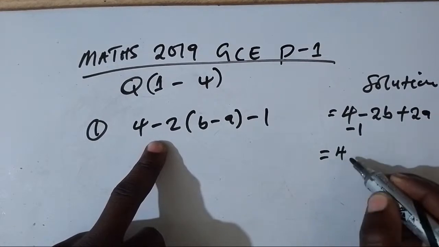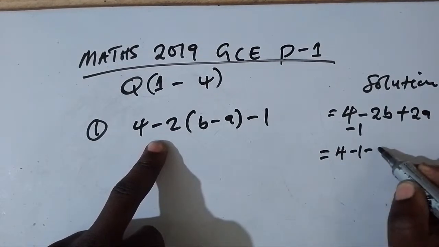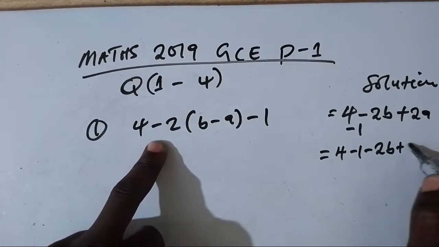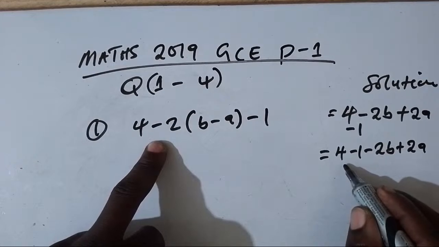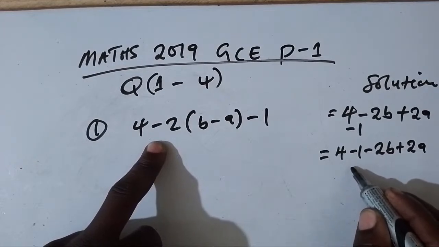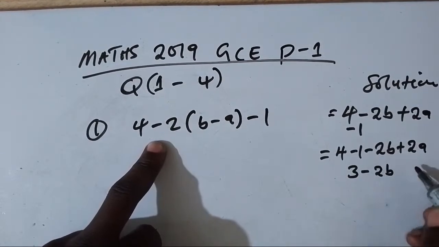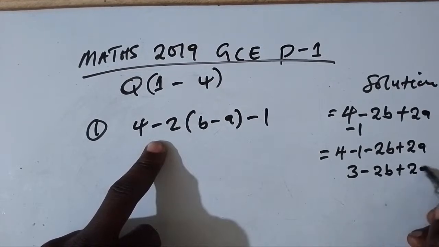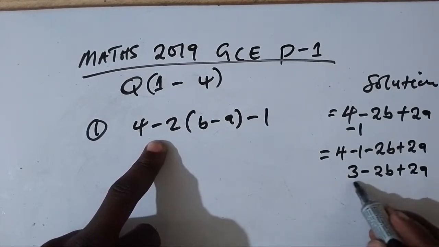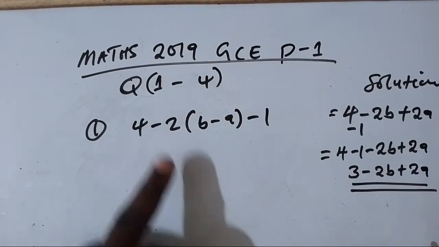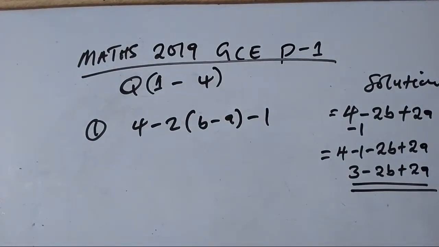So it will be 4 minus 1 minus 2b plus 2a, in which 4 minus 1 is 3, minus 2b plus 2a. So now this is our answer for the first question.